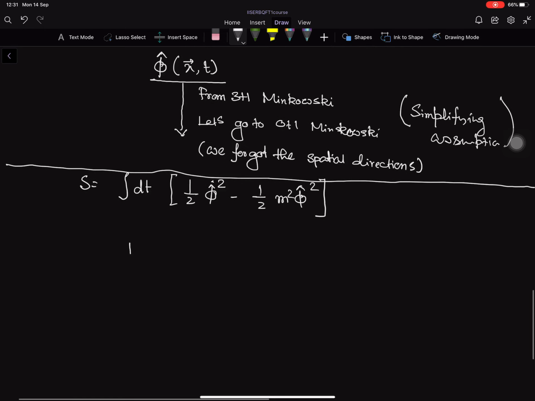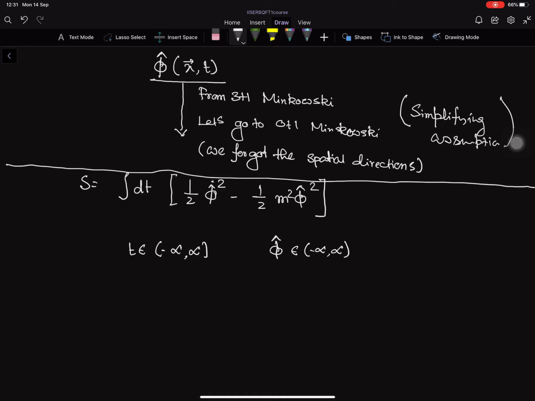In this case, the time t takes value from minus infinity to plus infinity, and the fluctuation also takes value from minus infinity to plus infinity. Okay.